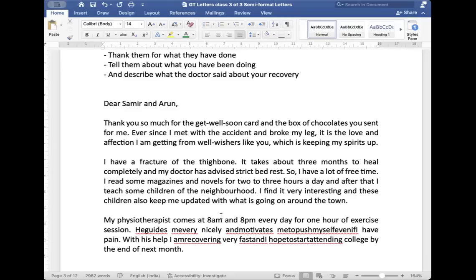My physiotherapist comes in at 8 a.m. and 8 p.m. every day for 1 hour of exercise session. He guides me very nicely and motivates me to push myself even if I have pain.